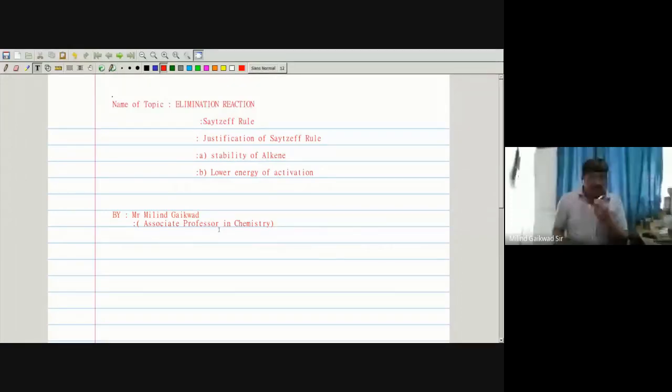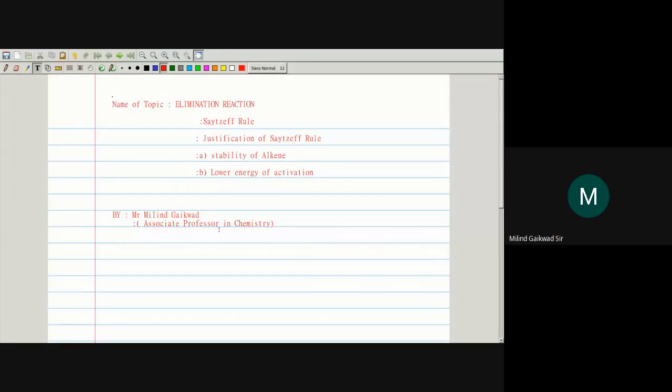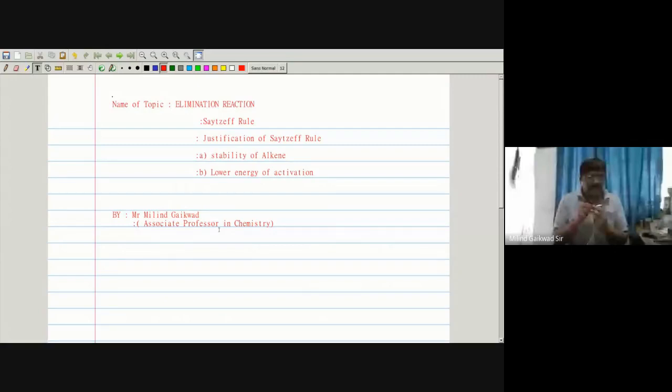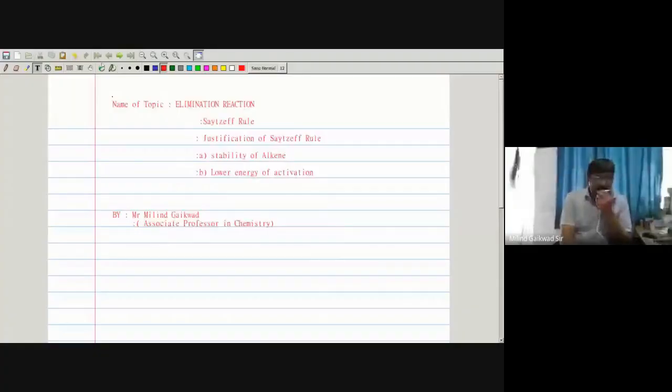So last time we were talking about the elimination reaction. We have seen what is meant by elimination reaction, its definition, and types of elimination reaction: 1-1, 1-2, 1-3, 1-4, 1-5, and 1-6 elimination reaction.